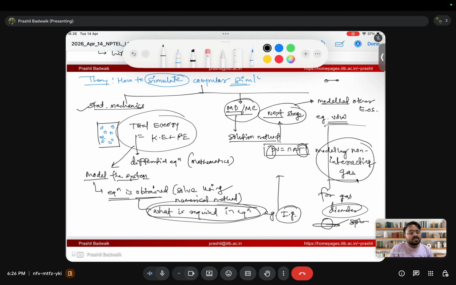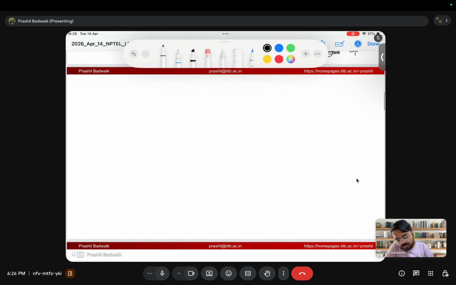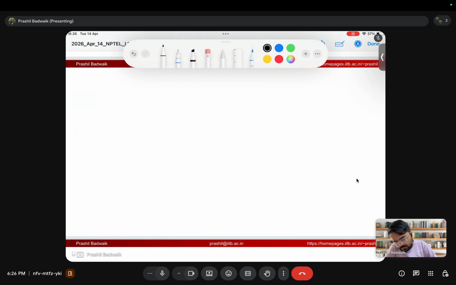So our ultimate aim is to solve some equation such that we will get some results without doing any experimentation. That means our simulation results should match with the experiment. Just like I had given you the example, in a beaker I'm adding sugar, correct?